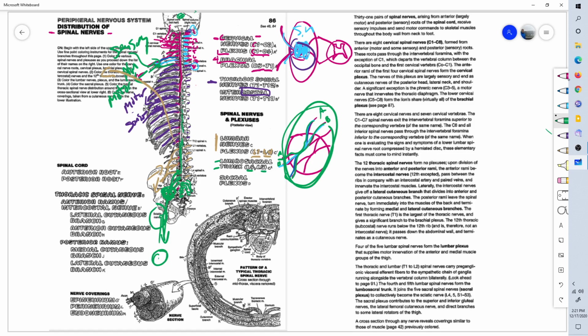And they each have a nerve. And there's little holes that come out of the sacrum where the nerves pass through to supply some of your muscles of your perineum or some of your pelvic organs and pelvic muscles. That's called the sacral plexus.